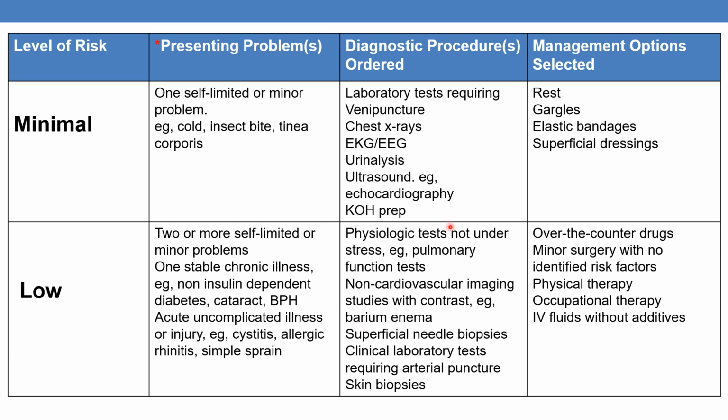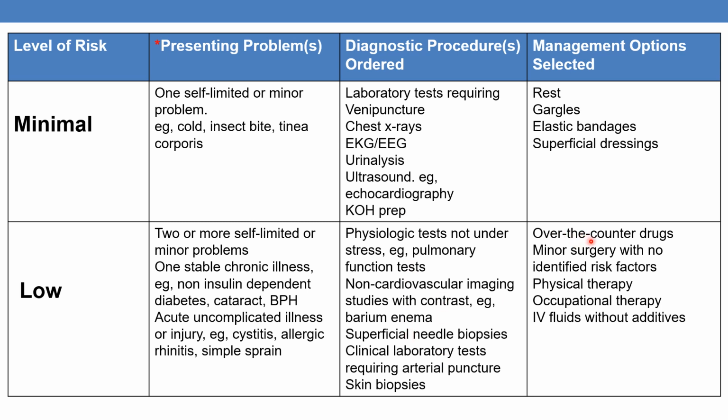And for diagnostic procedures, physiological tests not under stress, for example, pulmonary function test, non-cardiovascular imaging studies with contrast, for example, barium enema, superficial needle biopsies, clinical laboratory tests requiring arterial puncture and skin biopsies. All these diagnostic procedures come under low level of risk.